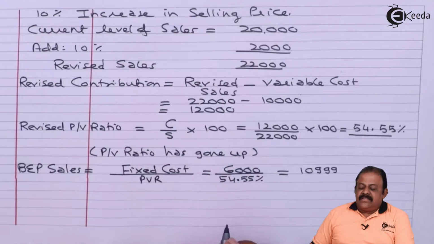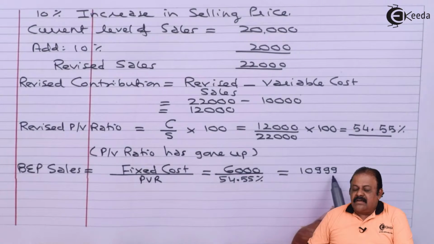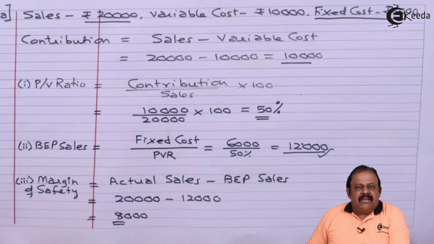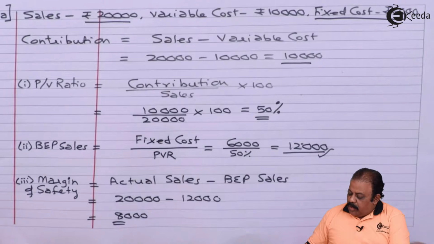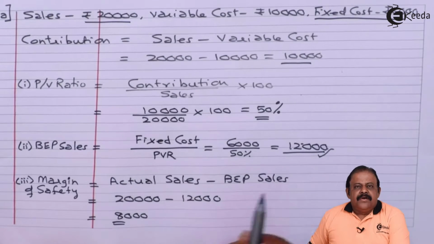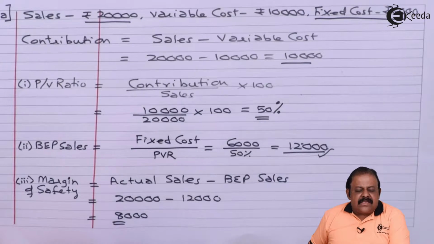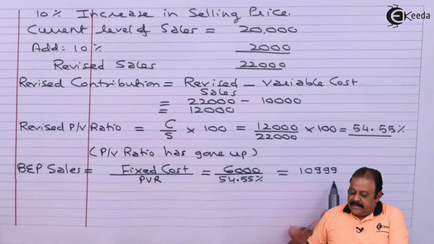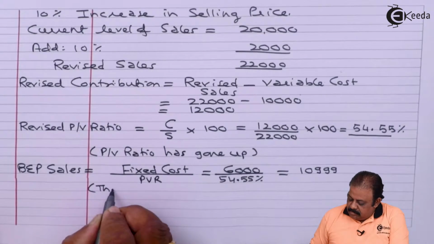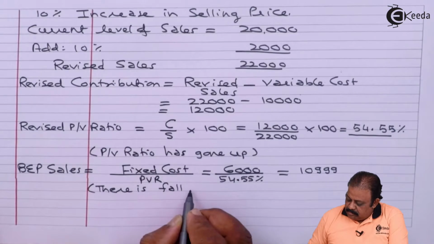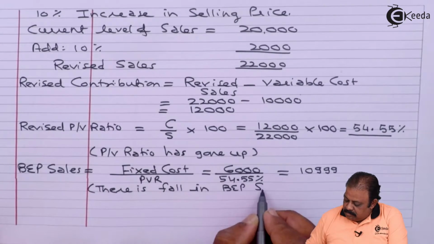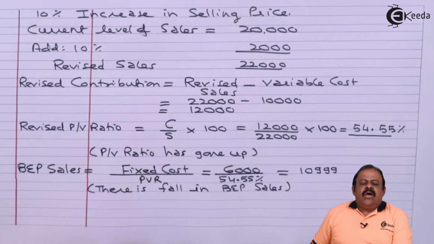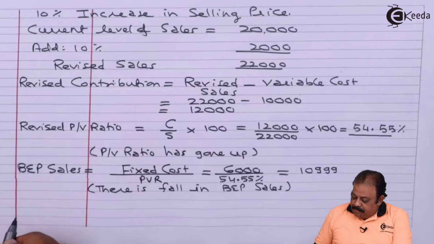So break-even point sales is 10,999. At original level, break-even point sales was 12,000. Due to the increase in sales amount, break-even point sales has gone down from 12,000 to 10,999. There is a fall in break-even point sales.